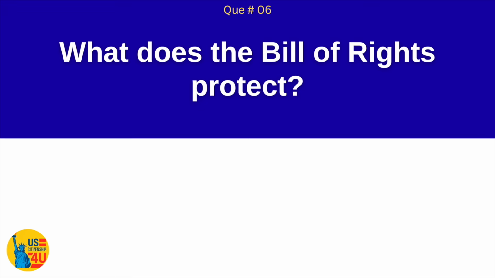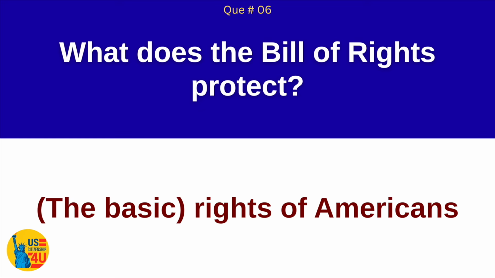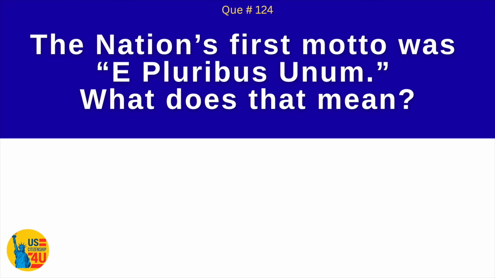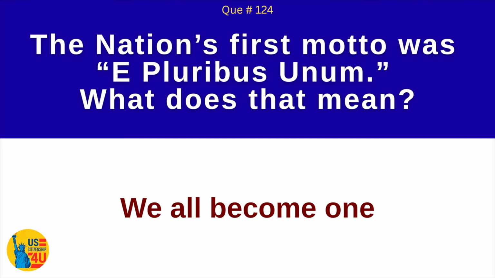What does the Bill of Rights protect? The basic rights of Americans. The nation's first motto was, E pluribus unum. What does that mean? We all become one.